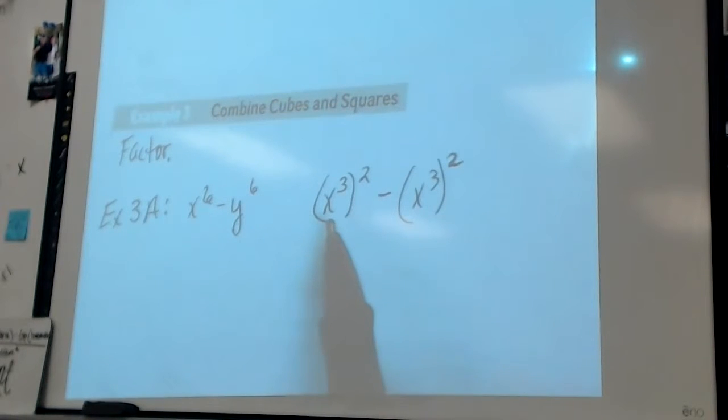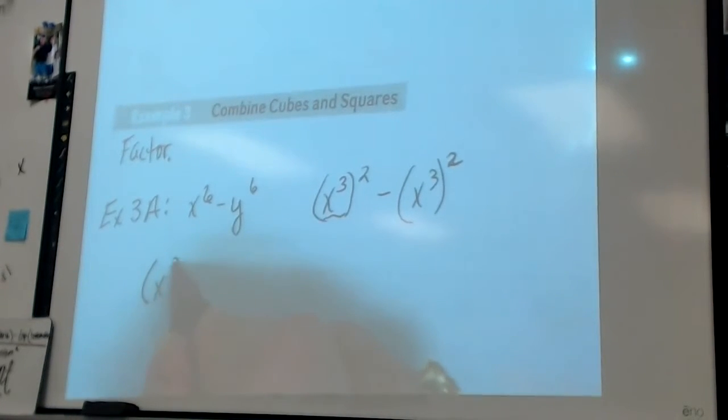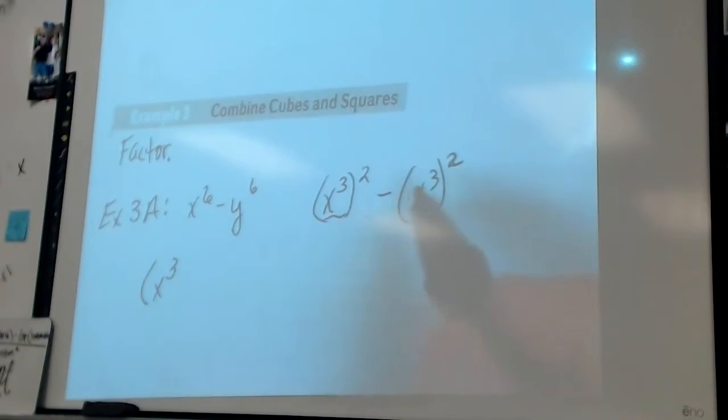So what would be the square root of x to the 6th? X cubed. And what is the square root of y to the 6th? Y cubed.